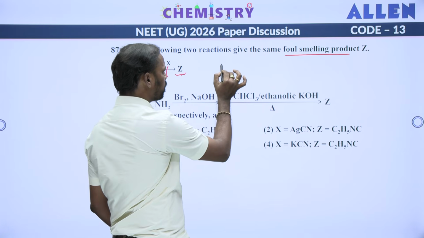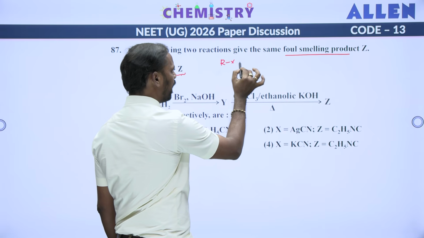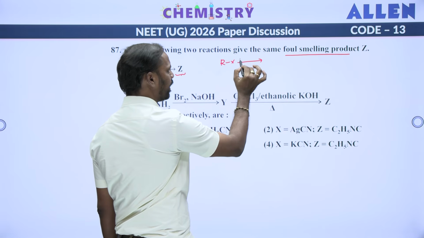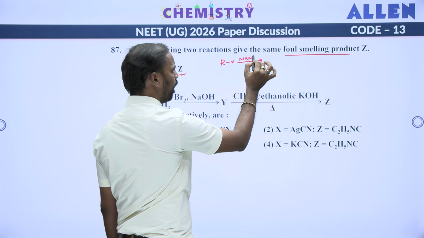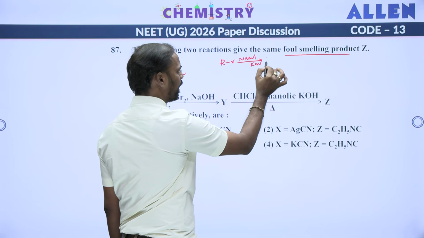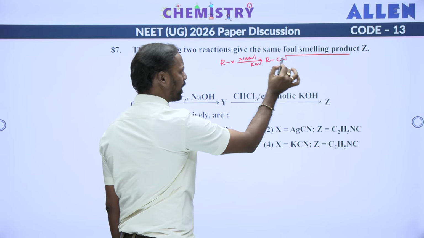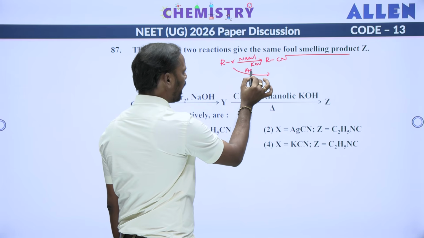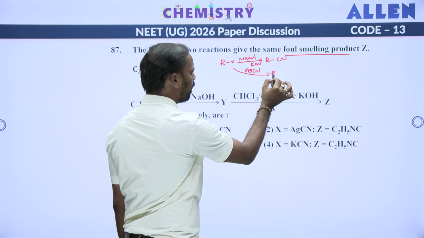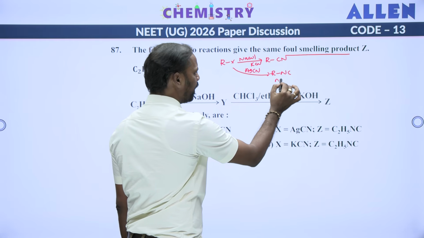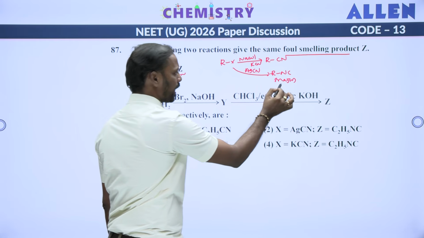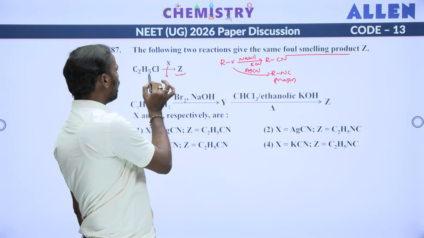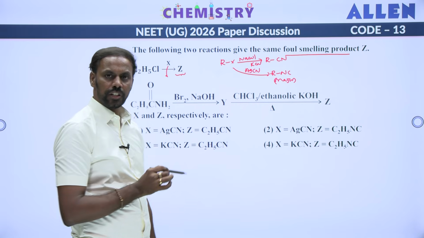If I take an alkyl halide treating with NaCN or KCN, an ionic compound, the major product is cyanide. Whereas if it is treating with AgCN, a covalent compound, the major product is isocyanide.